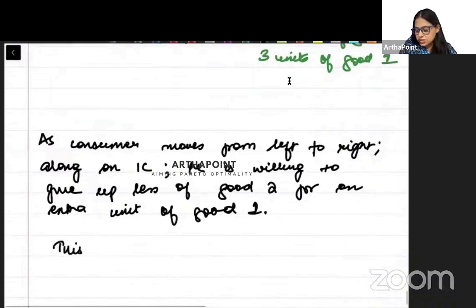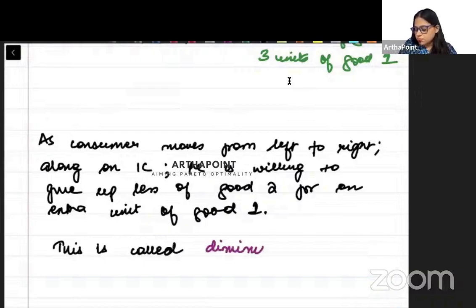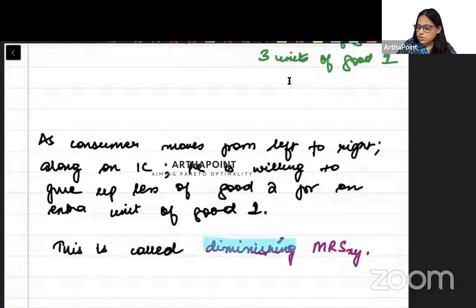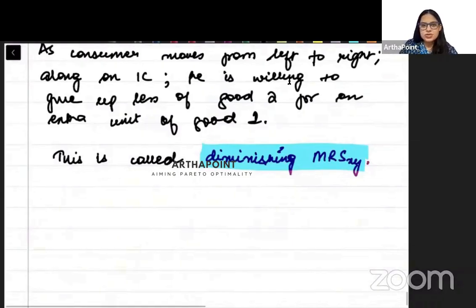This is called, what is this called, beta? Diminishing MRS. Diminishing MRS. How do we show diminishing MRS?